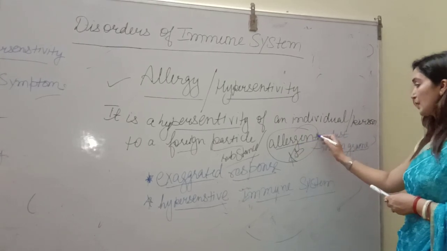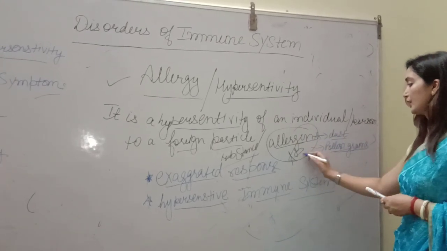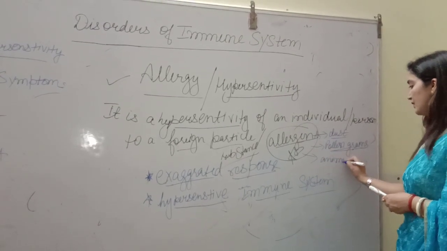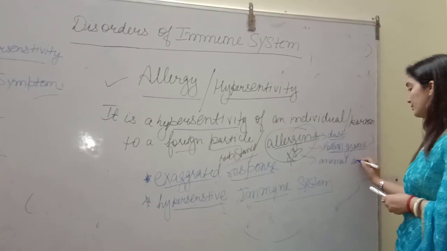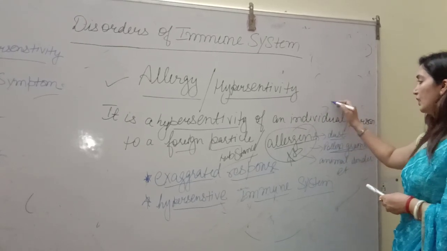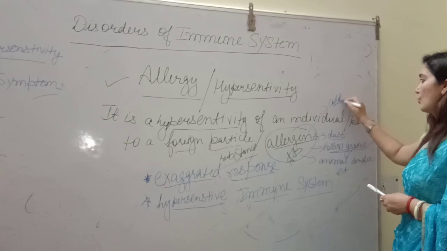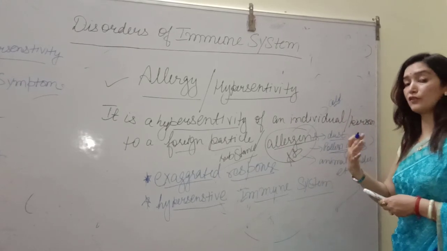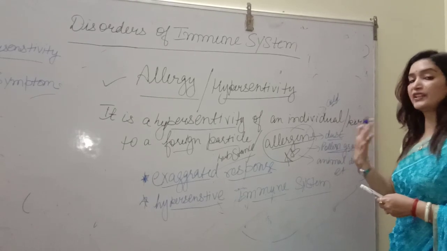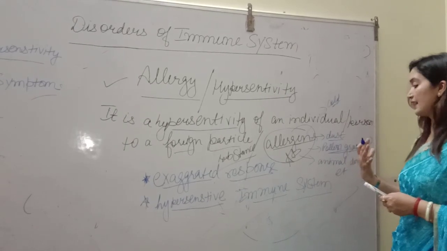So allergens may be dust, pollen grains, or animal dander, that is the fur of animals, etc. And sometimes cold weather. In some asthmatic patients, heat and cold may act as allergens.